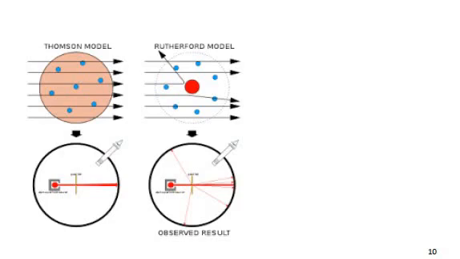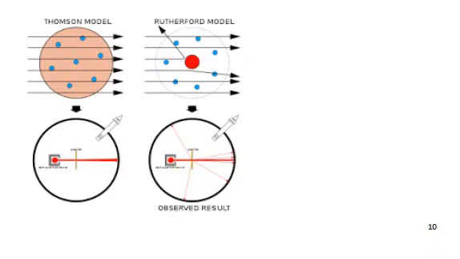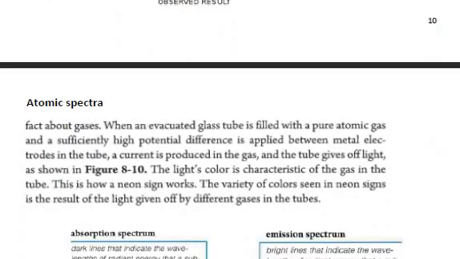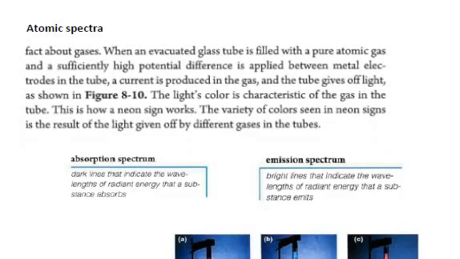We talked before that Rutherford's model has two problems. One of them, he said atoms are unstable. The second one, he couldn't explain the atomic spectrum. Now atomic spectra, for example, around the sun there is an atmosphere which is cooler than the surface of the sun.